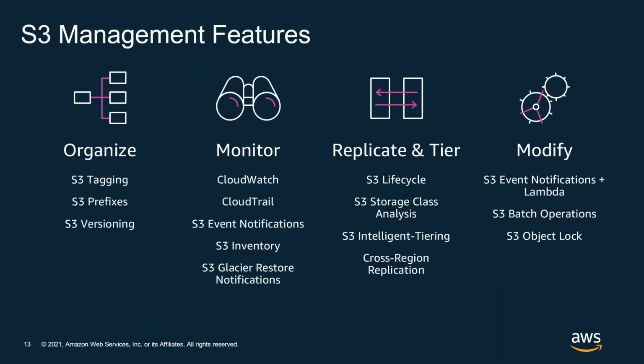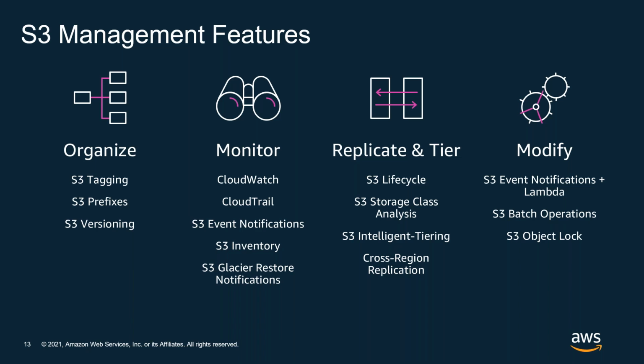So next, with S3, since we're talking object storage here and it's very API driven, there's a ton of different management features that we provide. We're going to get into some of these in more depth here, but some of the best practices we talk about is tagging, right? So being able to tag and organize a lot of these objects is very helpful at scale, right?